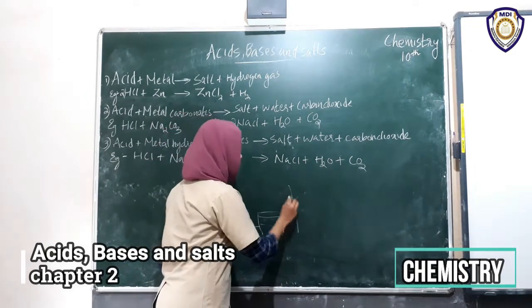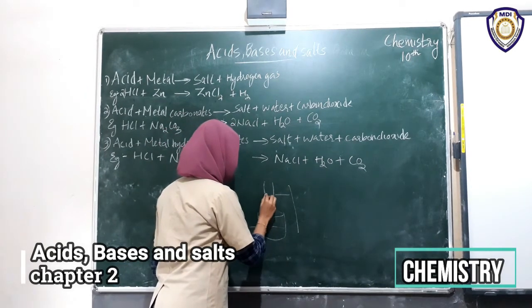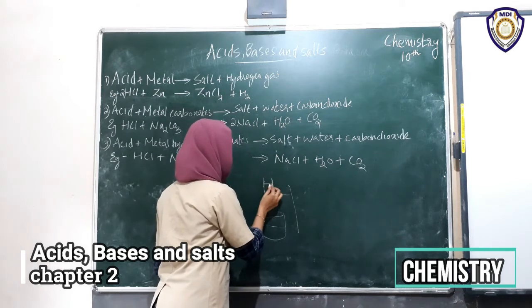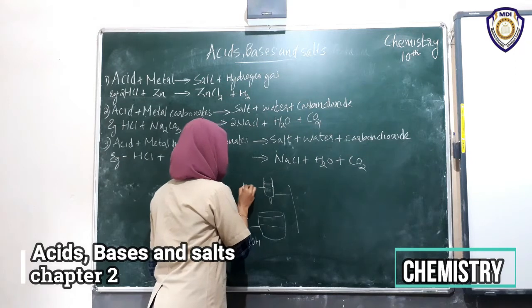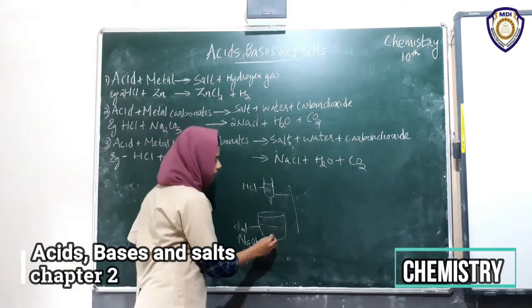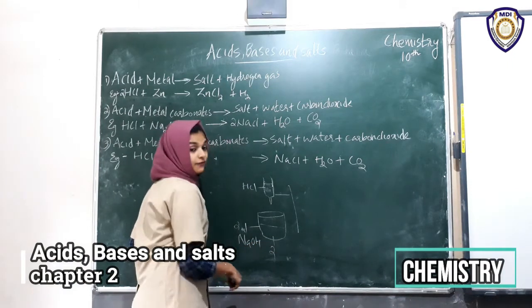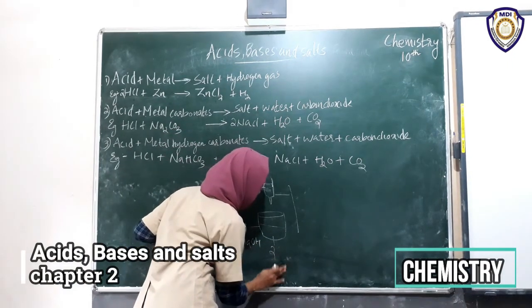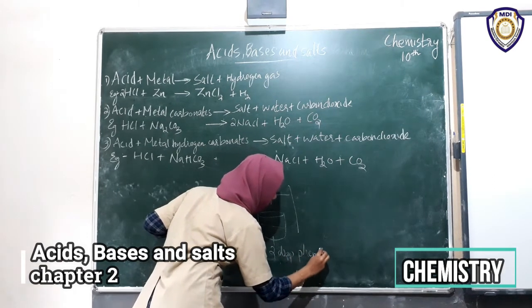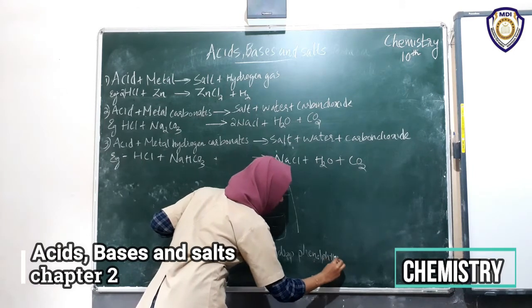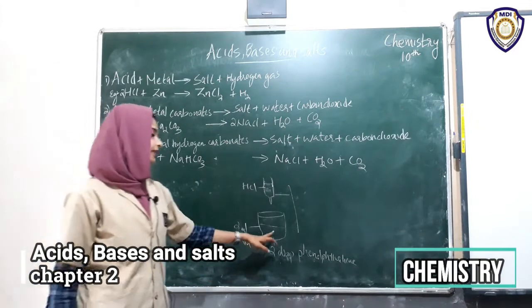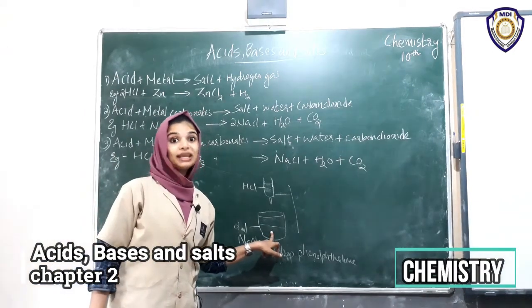Then add some HCl dropwise. Before that, we have to add 2 drops of phenolphthalein. Then it turns pink color.